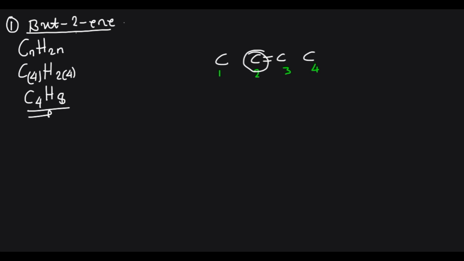So this is what it means whenever you see a number. So we can now proceed, and we are going to have the 8 hydrogens: 1, 2, 3, 4, 5, 6, 7, 8. So that is the picture whenever you have a particular number.